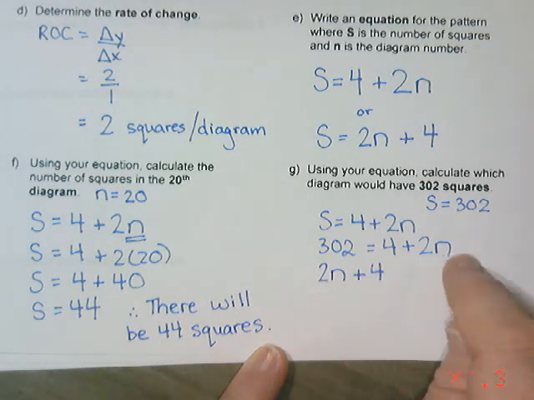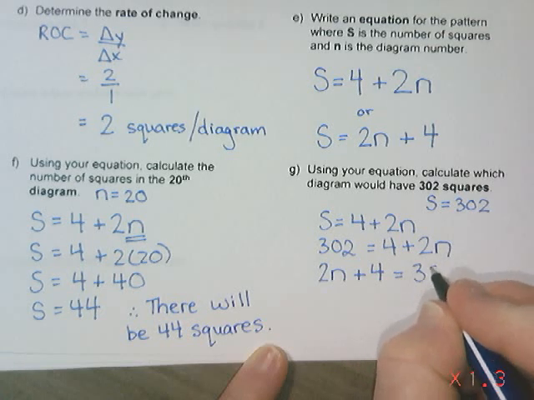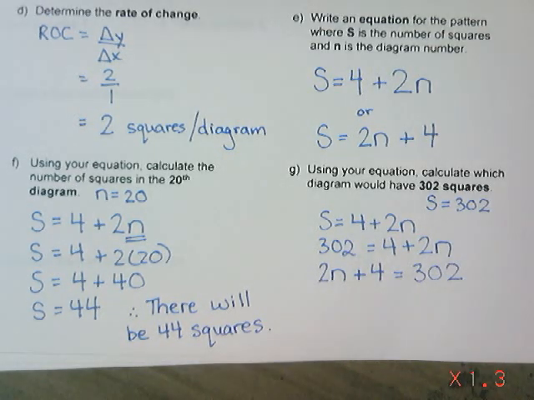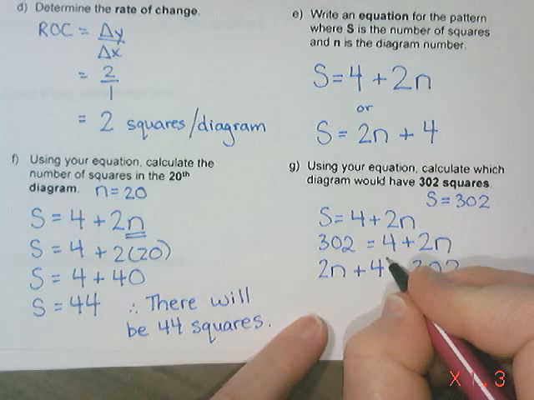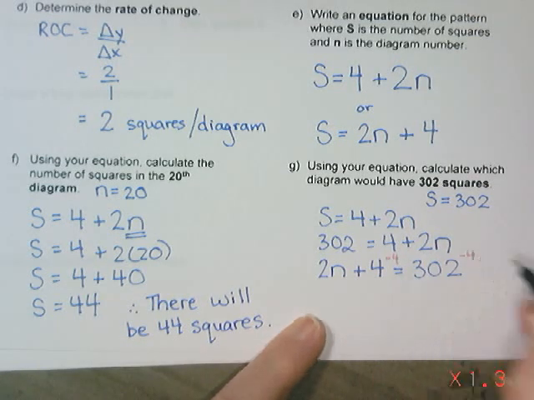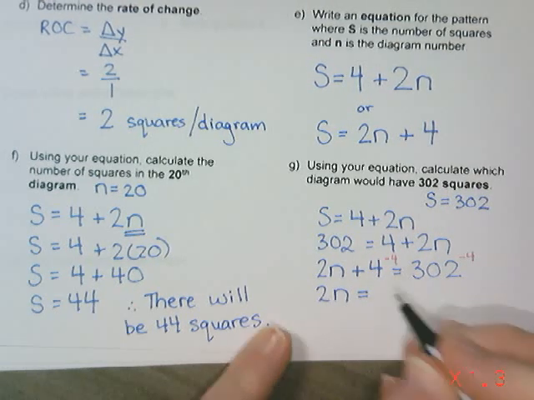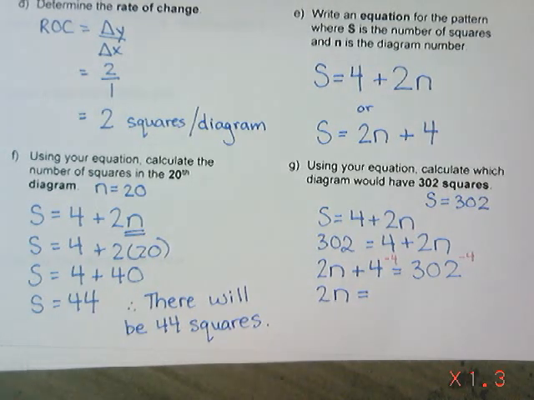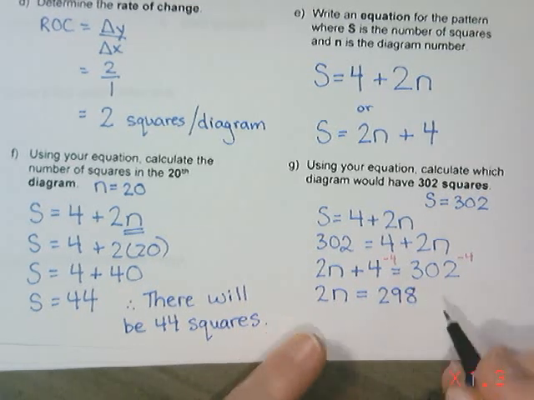So this is a positive 2n and then a positive 4 equals 302. So in order to solve for n, I would like to move the plus 4 by subtracting 4 from both sides. So I will get 2n equals 302, take away 4 is 298.